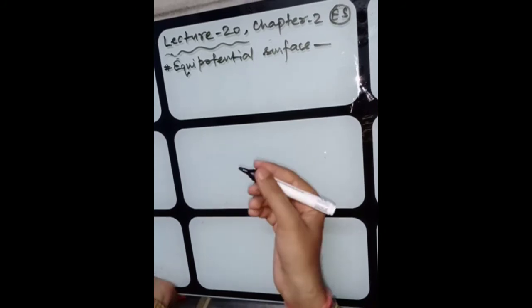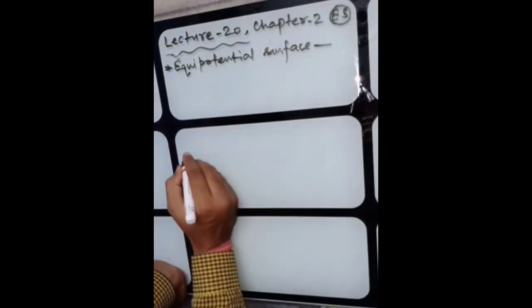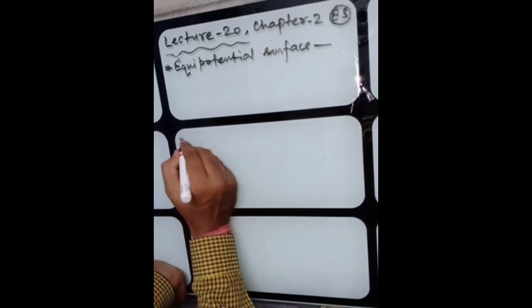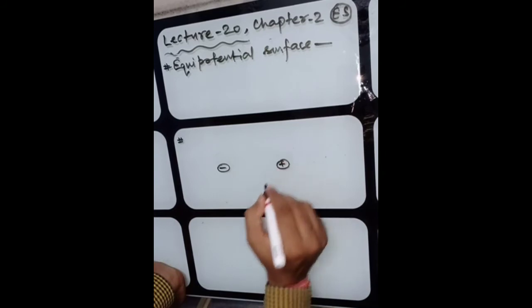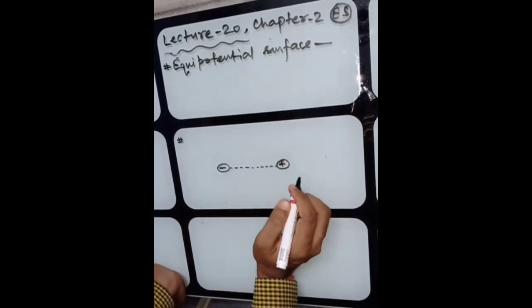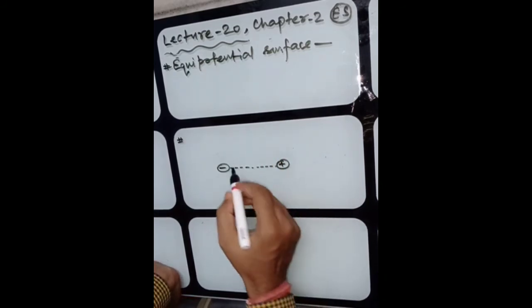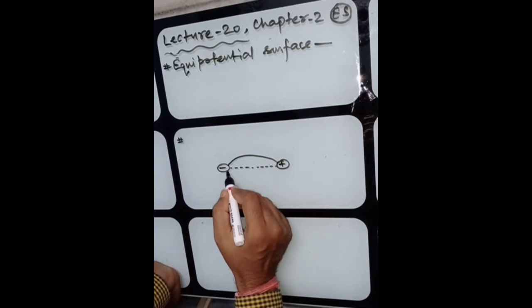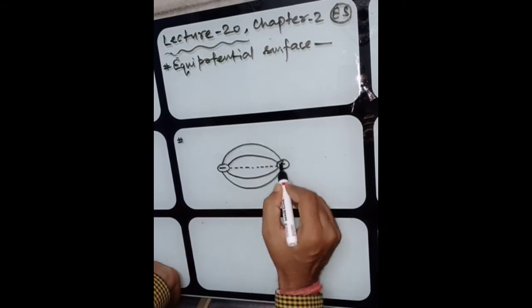Now the next one, if this is a dipole, this is the minus charge, this is the plus charge, you have to draw the equipotential surface. First, what I told you, draw the electric field lines. So these are the electric field lines I'm drawing.